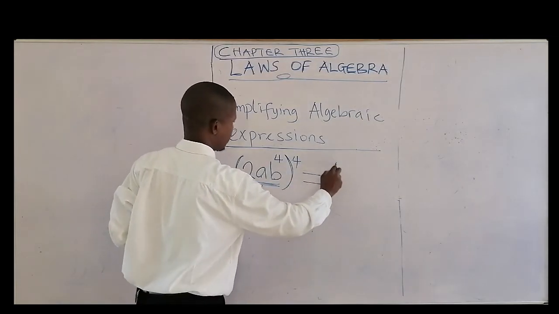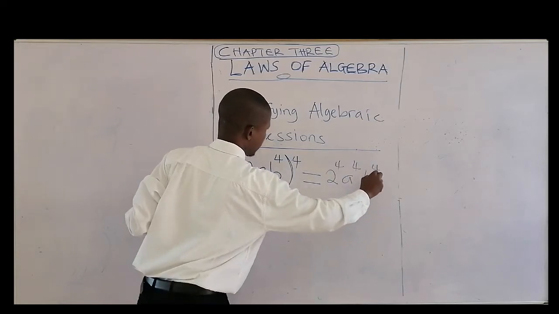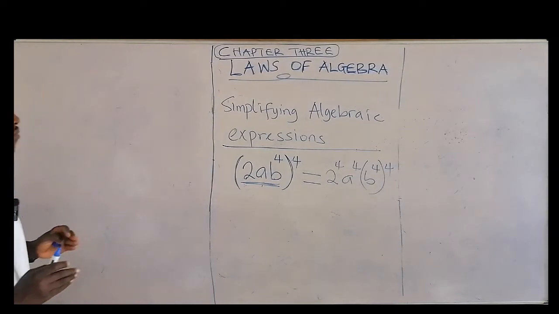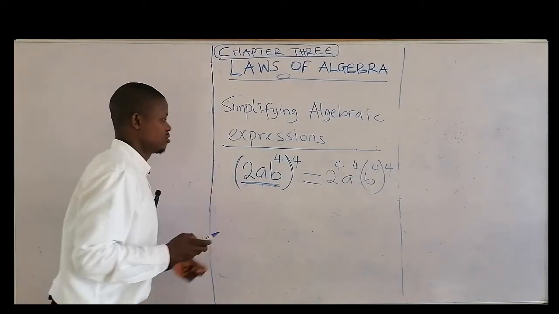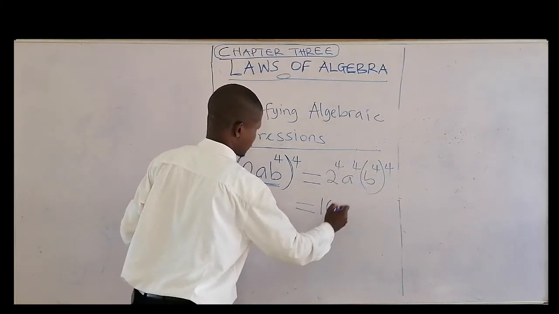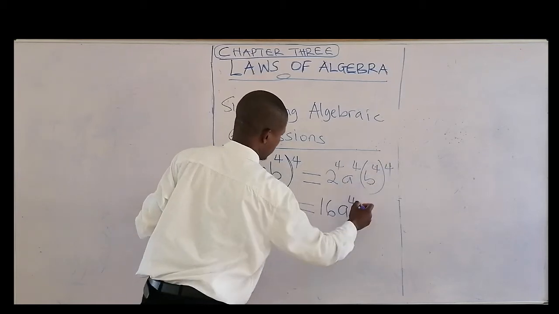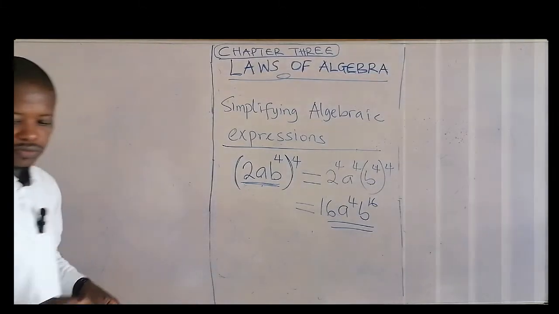So it will be 2 to the power 4, a to the power 4, b to the power 4. That is the first thing you have to do: interpret the algebraic expression. This will be equal to 2 to the power 4 is 16, a to the power 4, and then b to the power 4 times 4, that's b to the power 16.